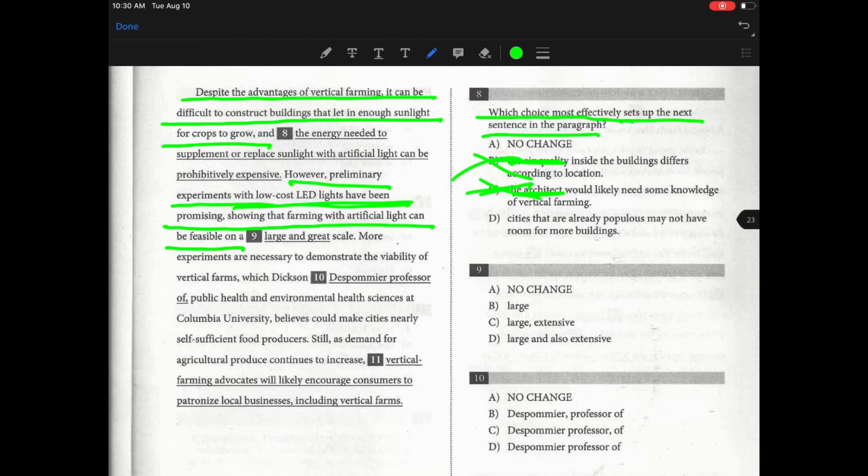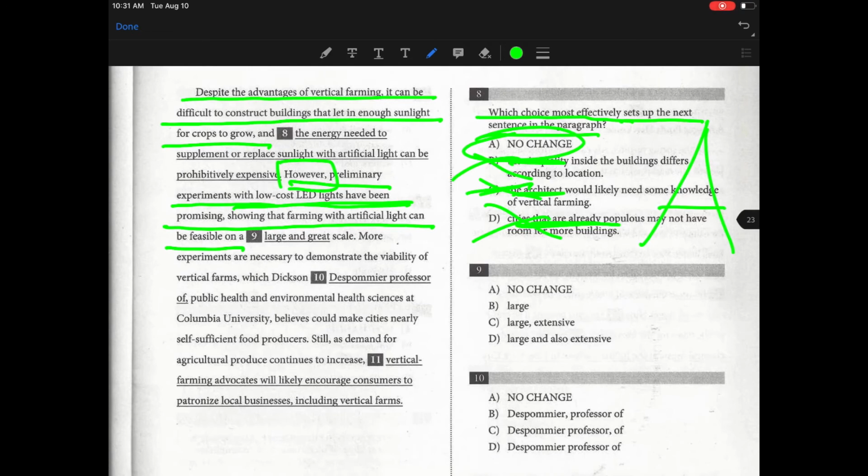Cities that are already populous may not have room for more buildings, but that's not the idea. The idea is about the lights, right? So the energy needed to supplement or replace sunlight with artificial light can be prohibitively expensive. However, preliminary experiments with low-cost LED lights have been promising, showing that, yep, I'm going with A. It's the only option that sets up the proper context for the following sentence.